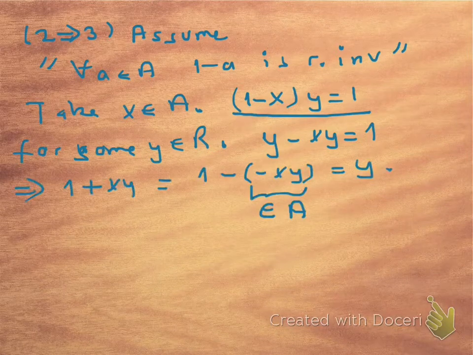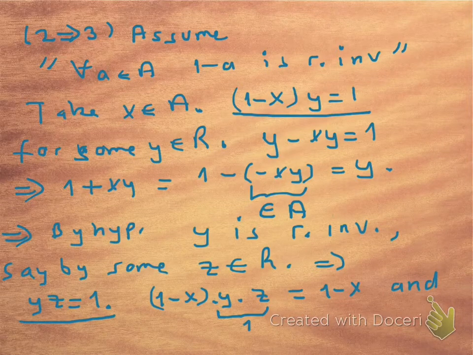So, well then, we can write y as 1 plus xy, which simply is 1 minus an element of A, and thus y is right invertible. So how are we going to get that 1 minus x is two-sided invertible?